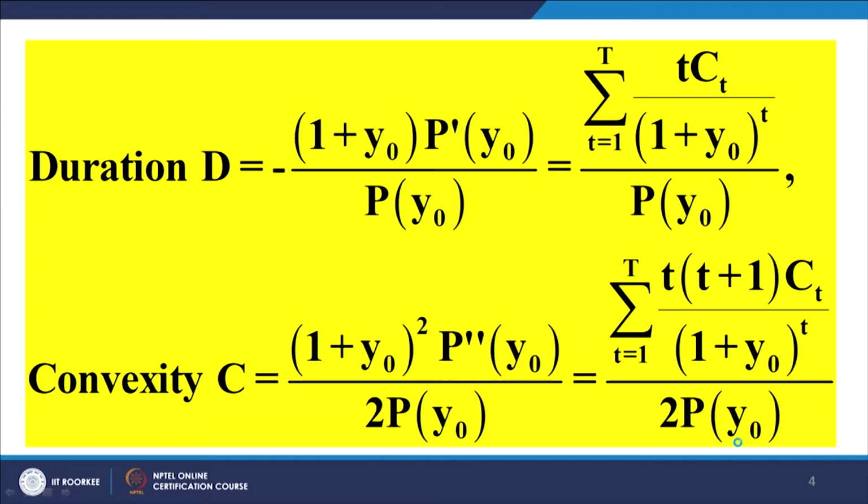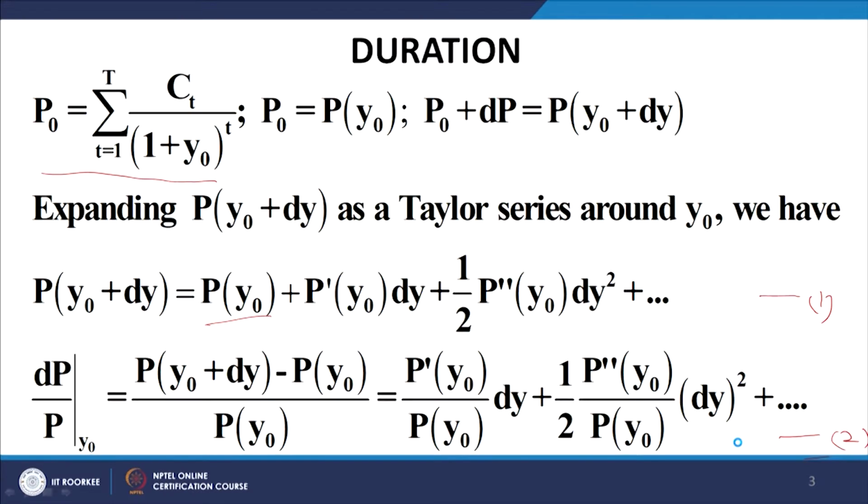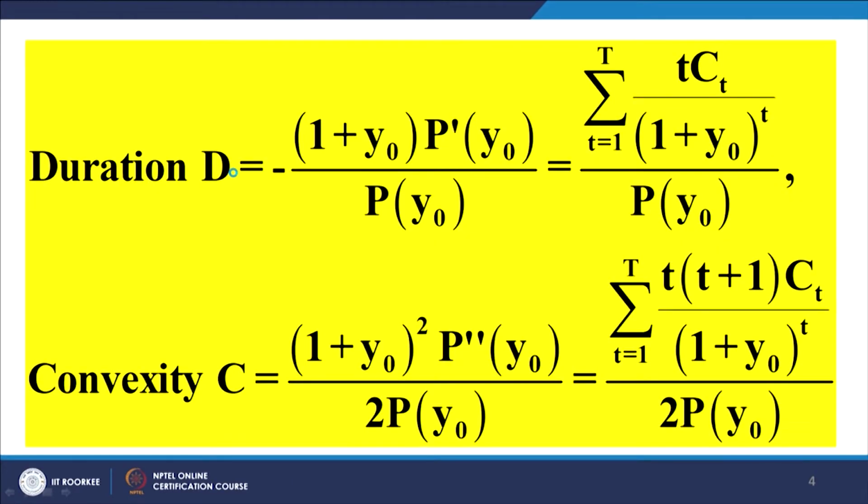Of course, if we substitute the value of P dash Y0 from the DCF price expression at the top left hand corner and differentiate it explicitly with respect to y and take the derivative at Y0, we get the expression on the right hand side of the first equation on this slide.